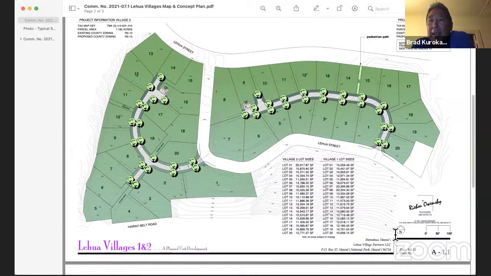And one of the things that struck me is that here we are in Hāmākua, within the town itself, and we have existing county zoning at RS10. And this project is asking for basically an RS15, which is larger lots. And I'm somewhat familiar with the area and the topography.